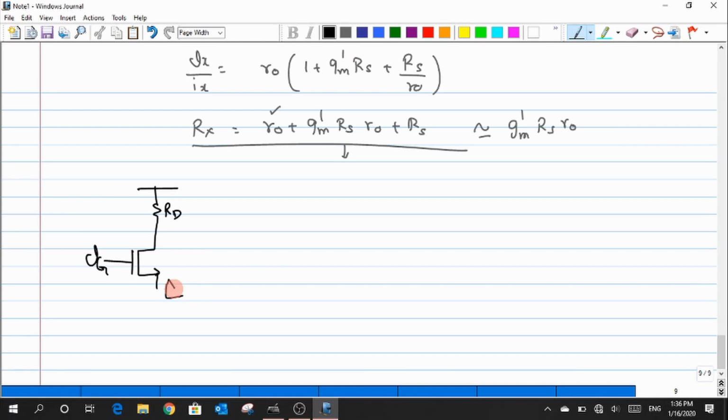I have a drain resistance, but I'm looking through the source. In the previous case, I had a source resistance, and when I looked through the drain, Rs was being magnified by gm R0 times Rs.